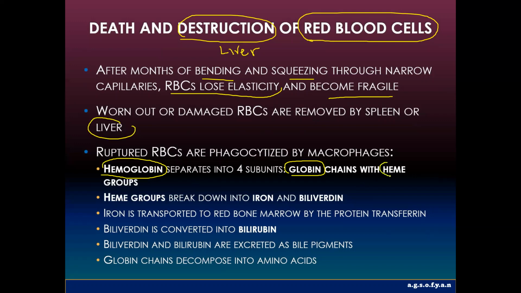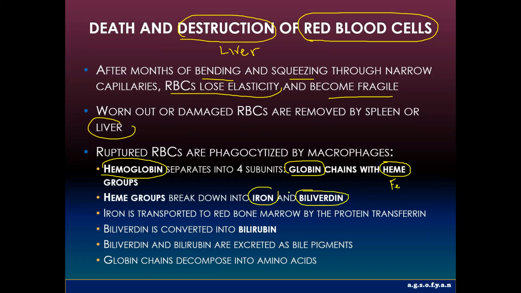And the heme is actually the part of the hemoglobin that carries the iron. So the iron will be here in the heme part. Okay, so again, the heme then will be broken down into iron and biliverdin.